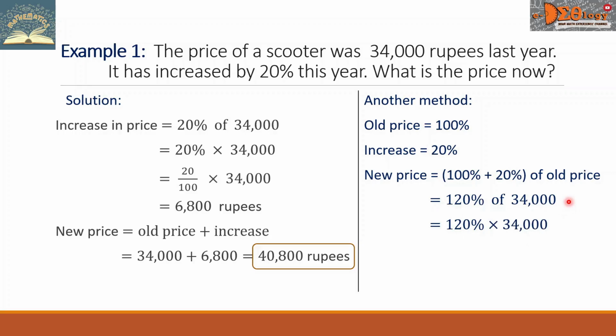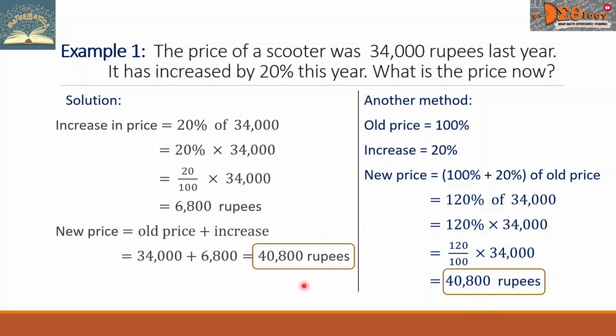And this expression means we're going to multiply 120% by 34,000. Then let us show this percent to be over 100. So 120 over 100 times 34,000. Then we can simplify this into 40,800 in rupees. We can see that the answer here is the same as the first method.